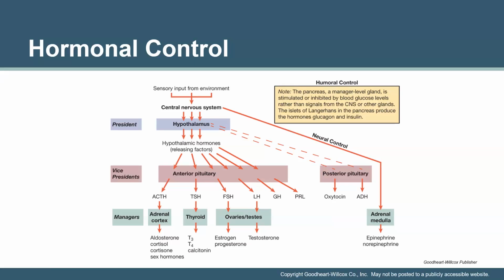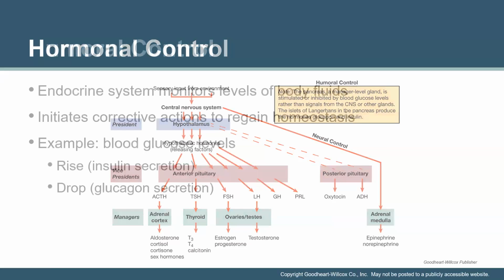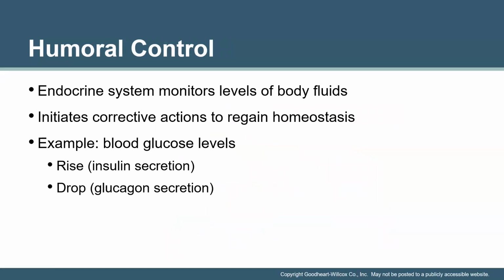The endocrine system will achieve humoral control by monitoring the levels of various substances in body fluids, such as the blood. So if it detects a homeostatic imbalance, it initiates the corrective action. Now, this kind of goes into negative feedback loops, okay?